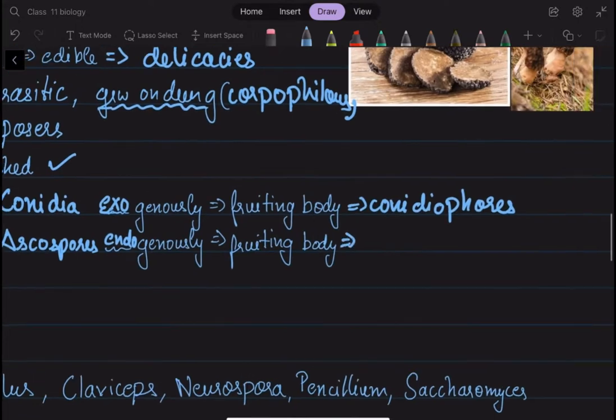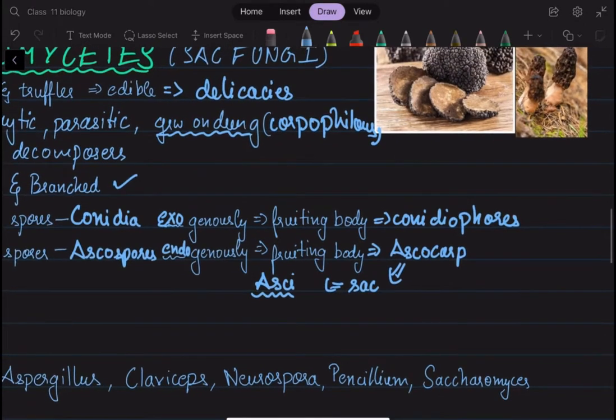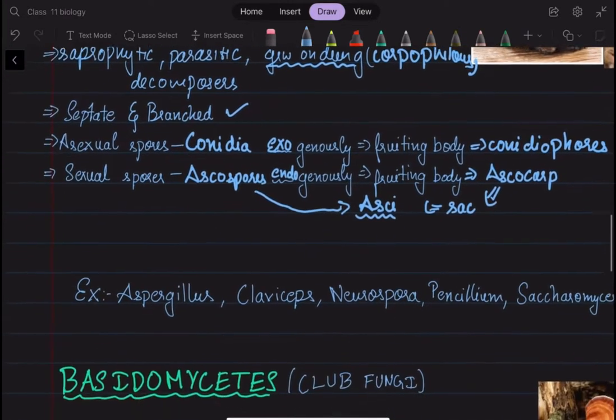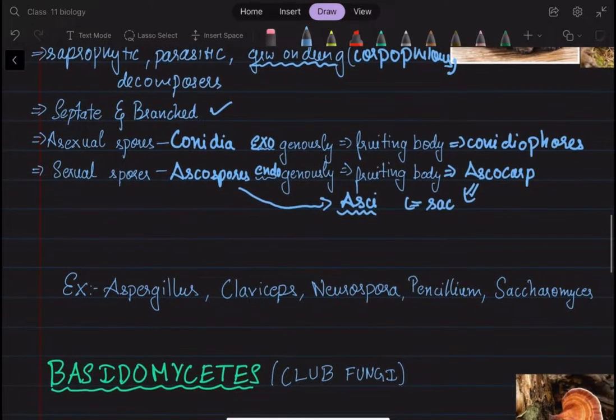The fruiting body, ascocarp it is called, contains sac-like structures which are called asci. And in these asci, the ascospores are formed. So they are formed inside the sac, and that is why they are called endogenously produced sexual spores.